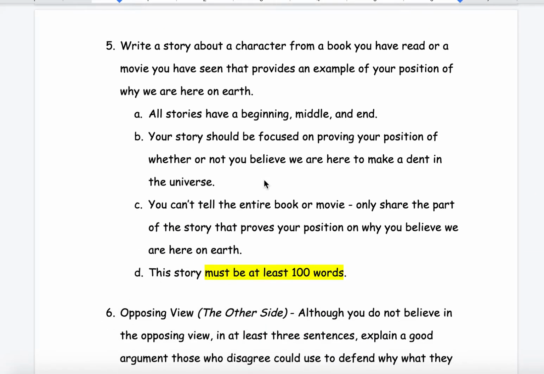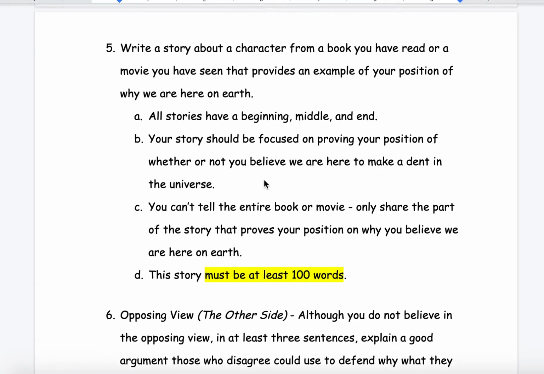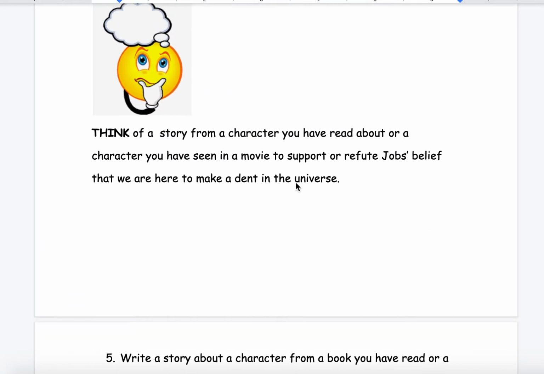Now, it's time to tell their story. So, next to number 5 on your doc, Google Doc or Word doc, you're going to type the story. Here's what you're going to do now. You'll type the story. Keep in mind what your story is focused on. You're refuting Jobs' belief or supporting why we're here to make a dent in the universe.